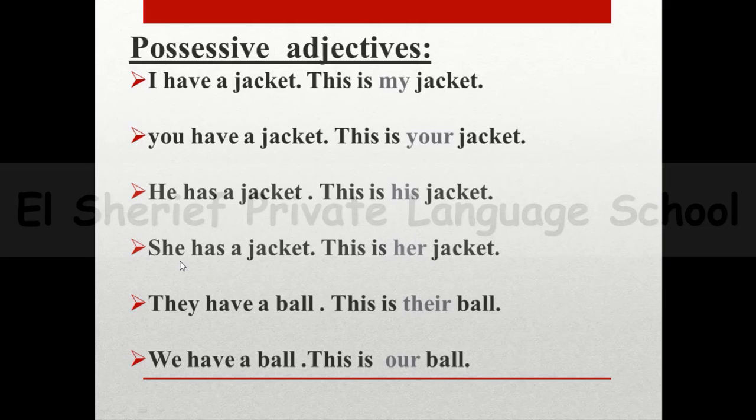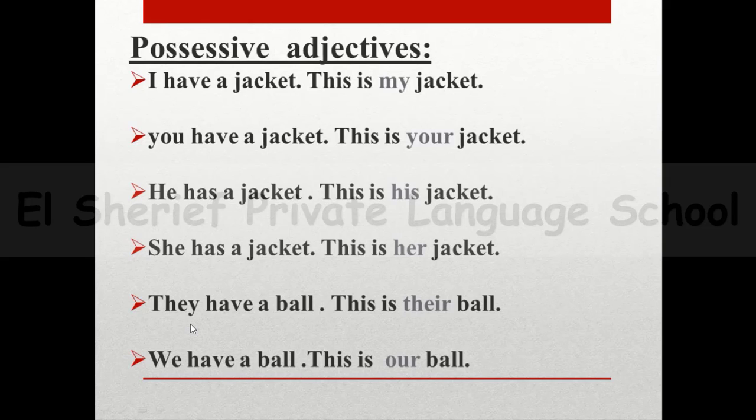Here the subject is she, so I will use the possessive adjective for the singular pronoun she. Her jacket, and I should put the noun after the possessive adjective here, a jacket. Yes, this is her jacket.